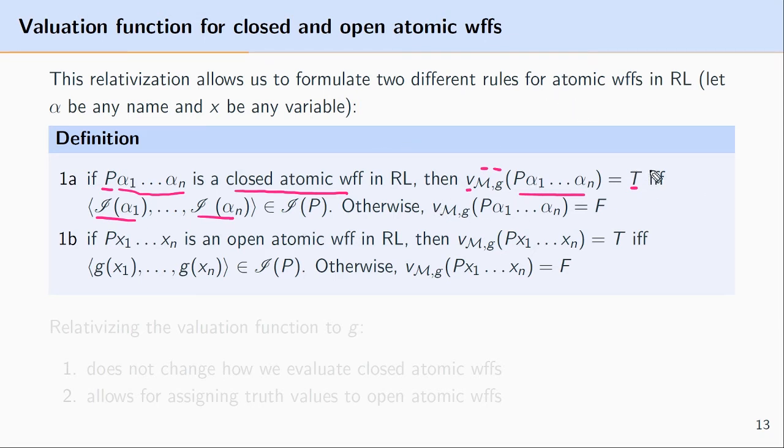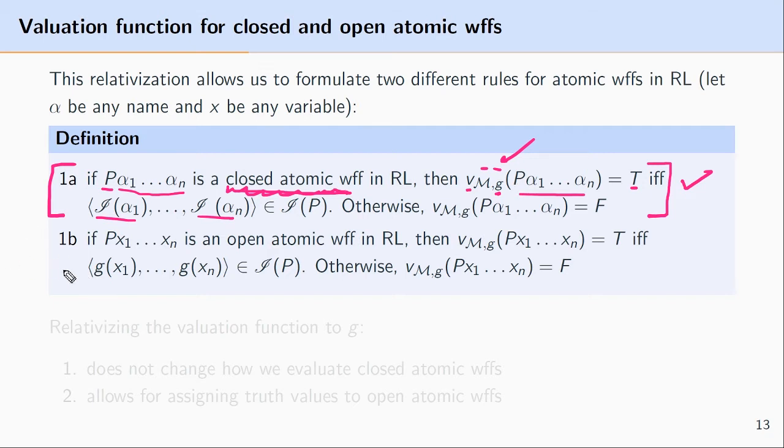This is pretty much the same as before: if the objects referred to by the names are in the interpretation of the predicate, then the formula will be true. So there's no change to our original valuation for closed atomic well-formed formulas, except for an additional notational difference, but the variable assignment isn't actually impacting the truth value of the formula at all.